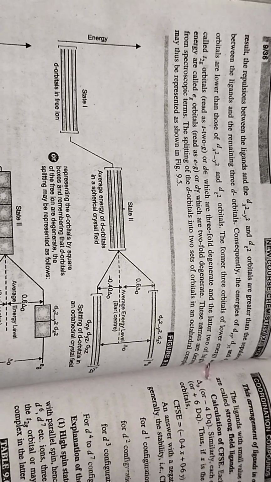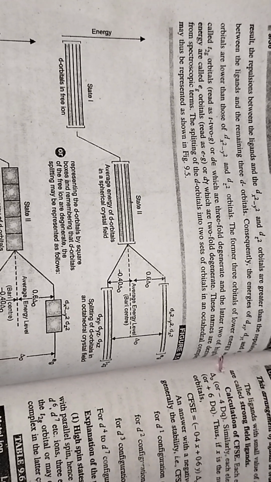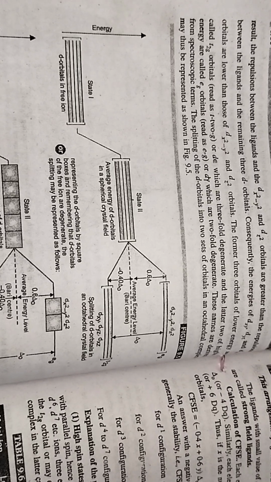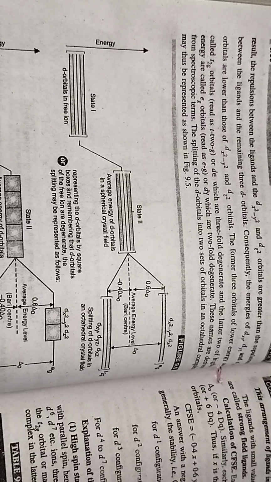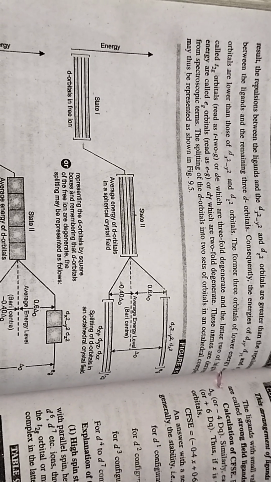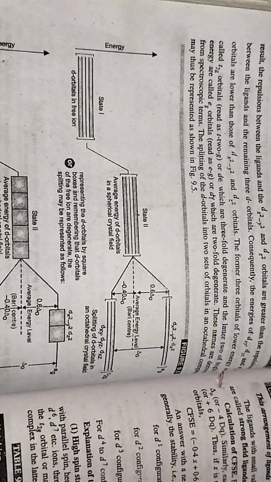So the latter two of higher energy are called Eg, meaning dx square minus y square and dz square are represented by Eg, and dxy, dyz, dxz are represented by T2g.